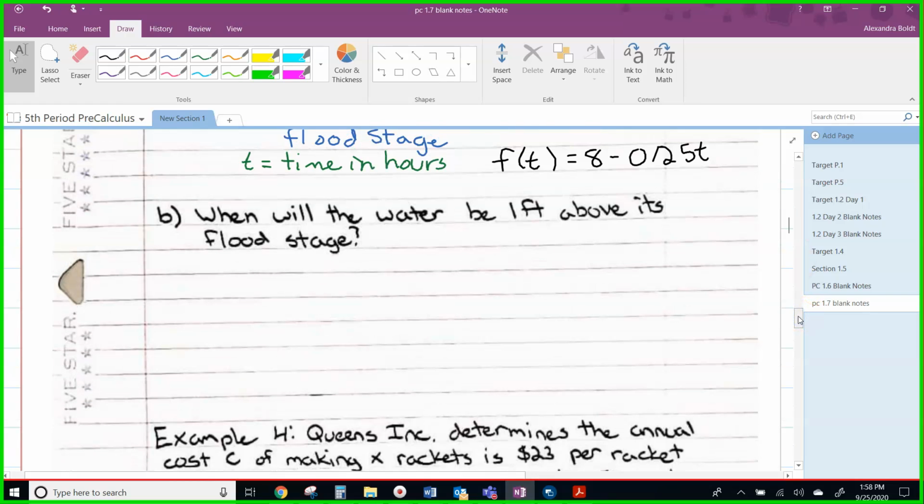Well, this 1 foot, since it's talking about my flood stage, 1 foot represents your F. So I'm going to use my equation, but instead of F of t, well, I know my output is just going to be 1. I want 1 foot. Equals 8 minus 0.25 t.